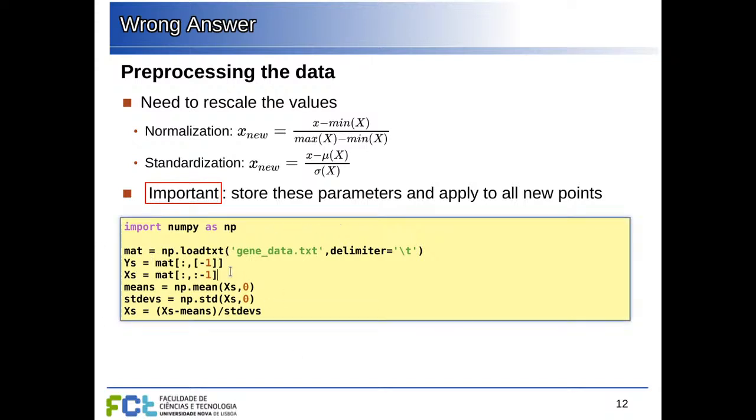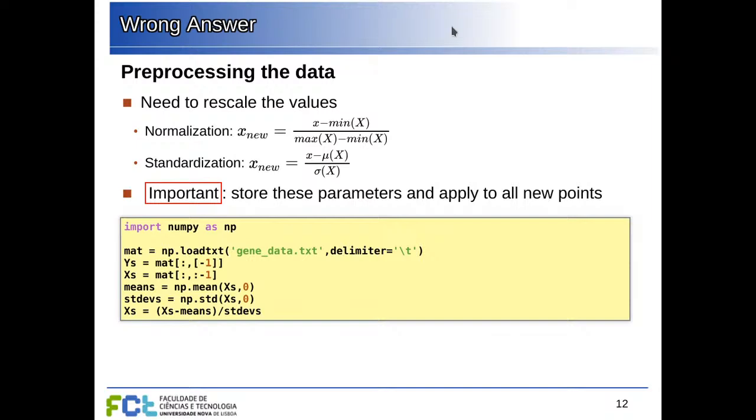So we can do this here. We're going to load our data. We're going to separate the class labels, which is the last column of our data, into this Y matrix. This is a matrix with a single column. That's why I used these square brackets here, so I retain the same shape of the column. And this is a matrix with all the previous columns, so the two features here.